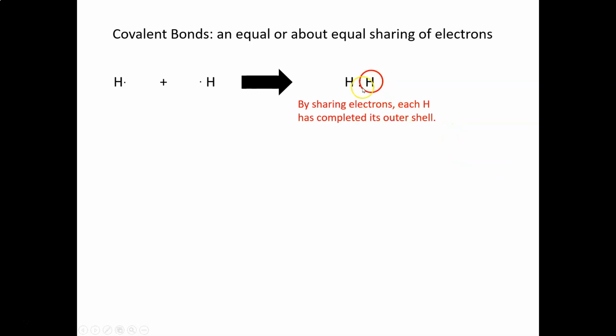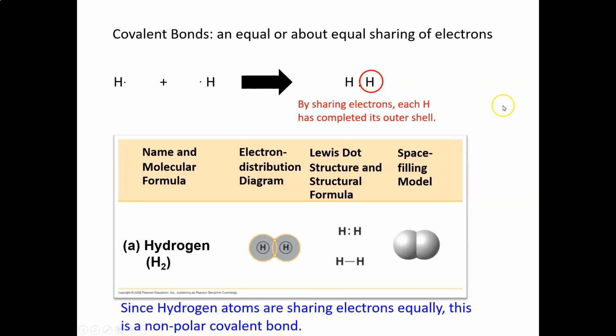Remember, for hydrogen, the outermost shell would hold 2 electrons, so they become more like helium, if you remember, in the upper right of the periodic table. Then each hydrogen has its electron shell filled, and it's happy, and it tends to be a little more stable.